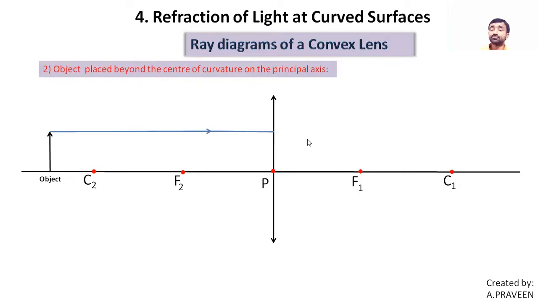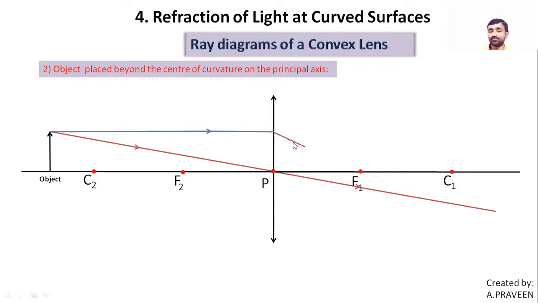Then the second ray: the ray passing through the optic center remains undeviated, so you can extend it directly. The first ray, parallel to the principal axis, after refraction will converge, so extend it to meet the second refracted ray. So they are going to converge.